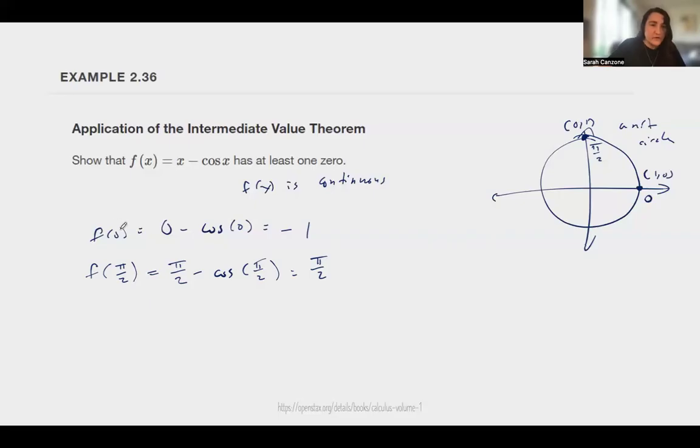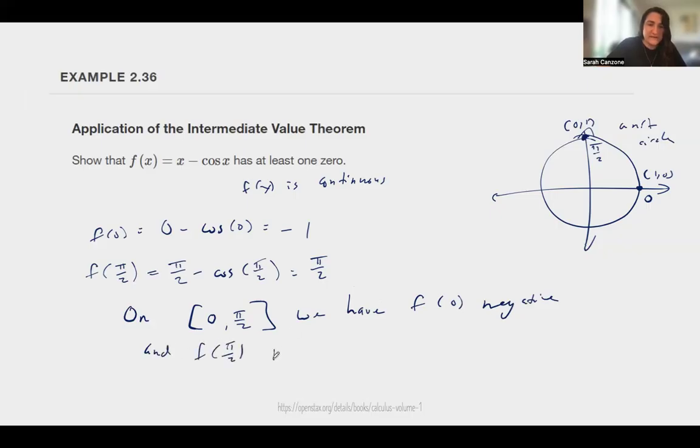So we found between 0 and pi over 2, we have a negative number and a positive number. So on the closed and bounded interval from 0 to pi over 2, we have f at 0 negative, and f at pi over 2 positive.